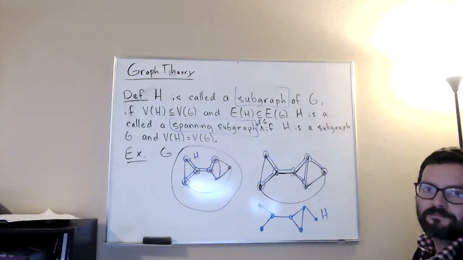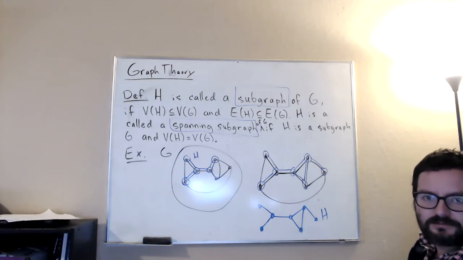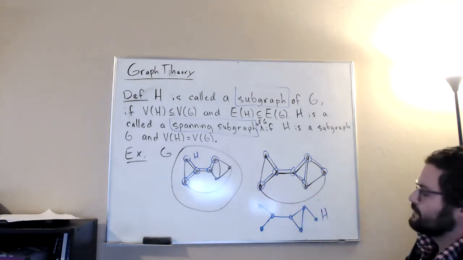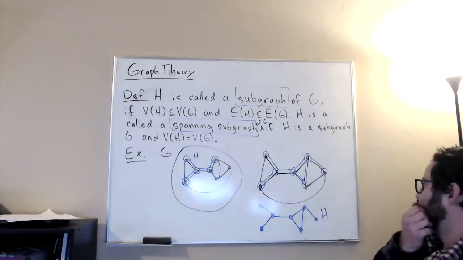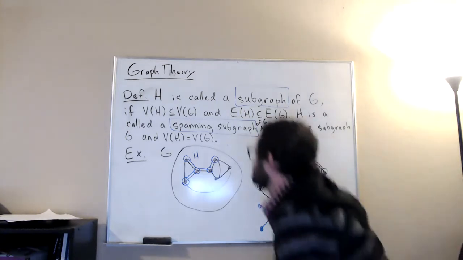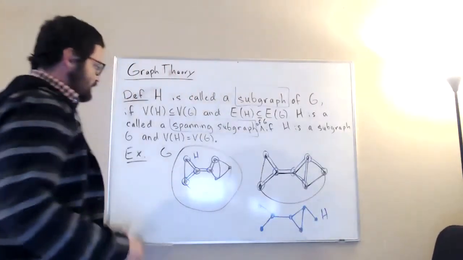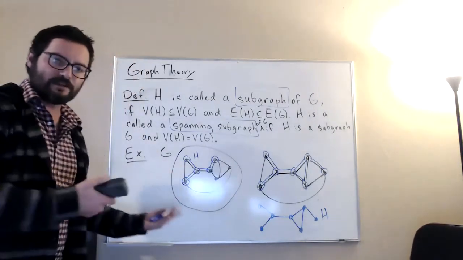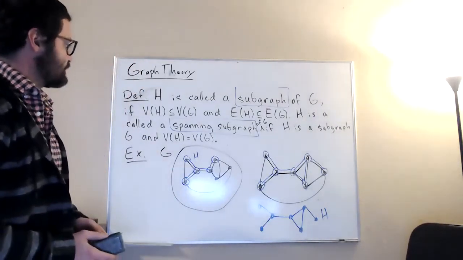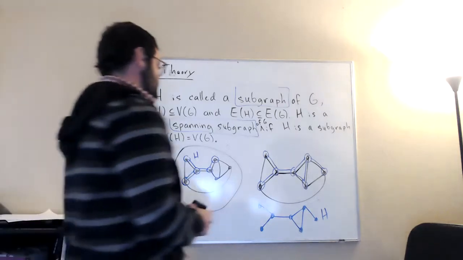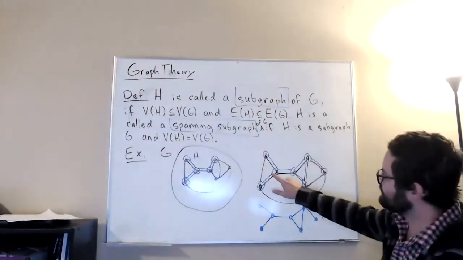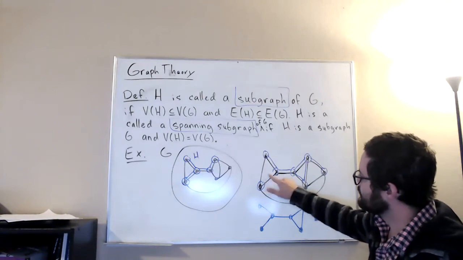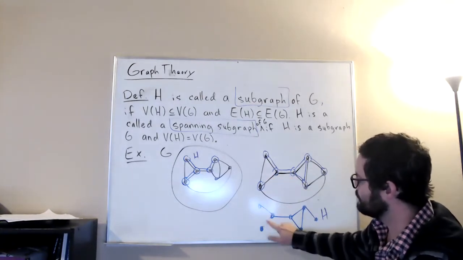Okay. Is that definition somewhat clear now? We have subgraphs and then we have spanning subgraphs. Okay, so now that we know what a subgraph is, it's just a collection of vertices and edges that are contained in the graph. Oh, I should probably say that this is also a spanning subgraph.